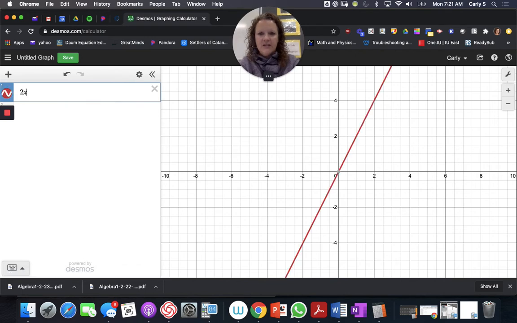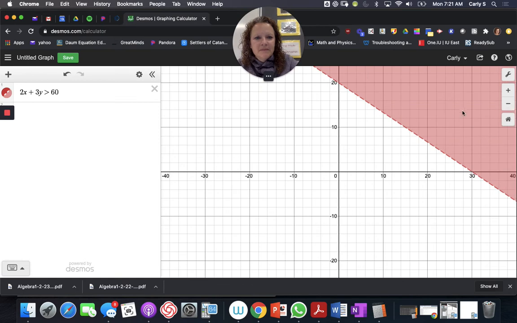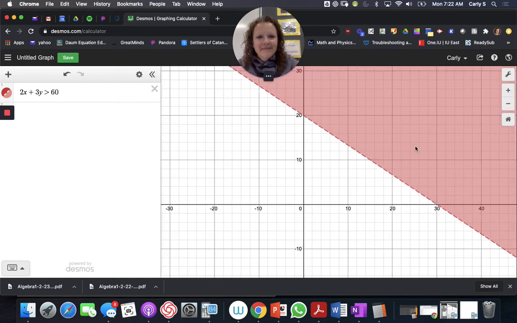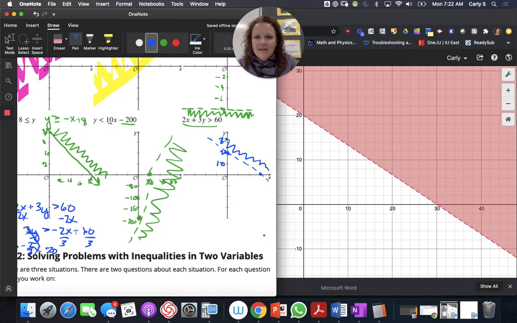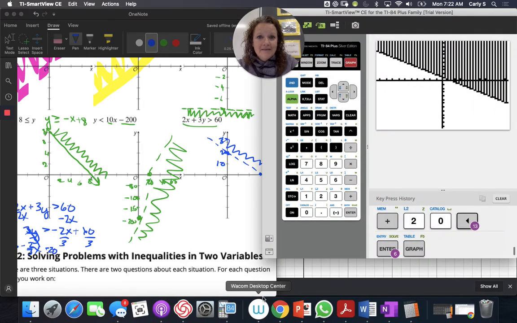I can just say 2x plus 3y is greater than 60. Okay, can't see it at all, so we have to zoom out. And that's exactly what we drew here. It looks a little neater, but it is exactly what we drew.